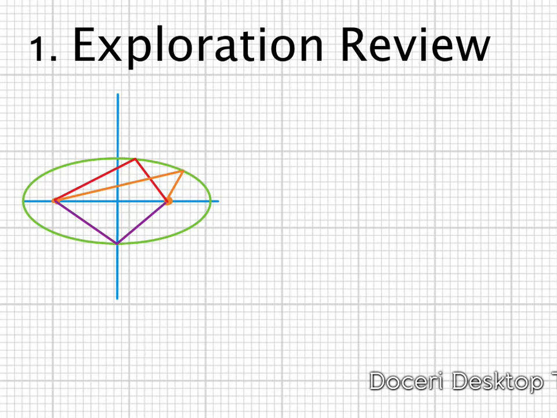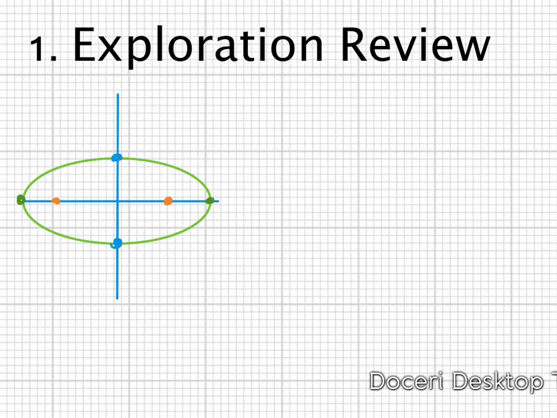The other thing that you should have discovered was when you're looking at an ellipse, the distance from the vertices that are on the major axis, well, the distance that's the longest we call the major axis, the distance that's the shortest we call the minor axis.